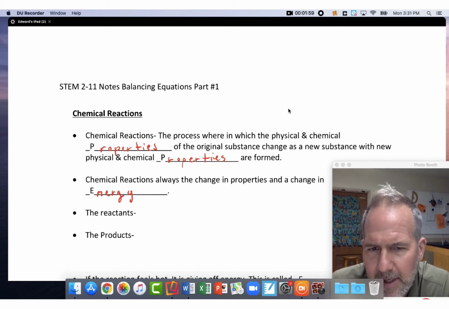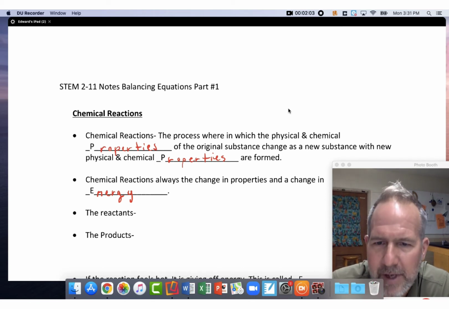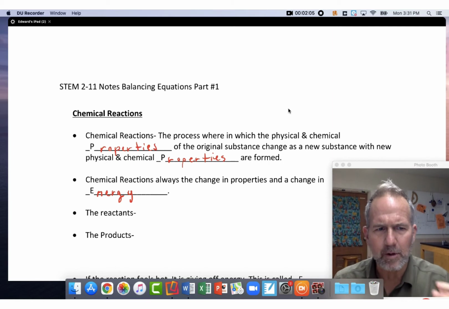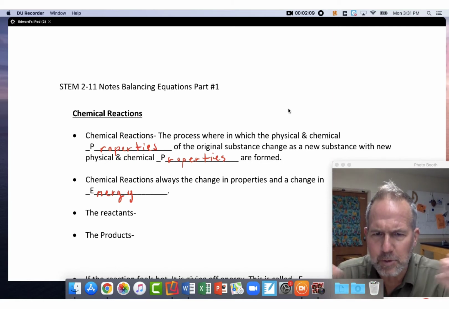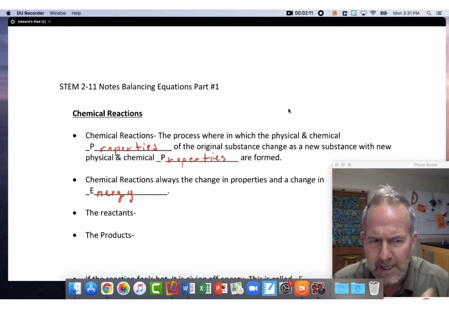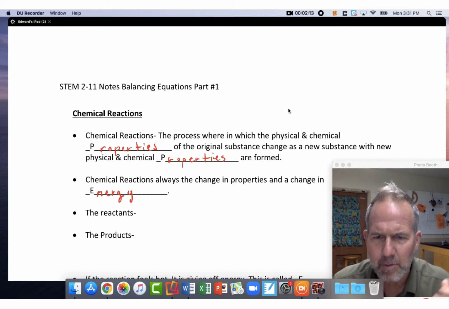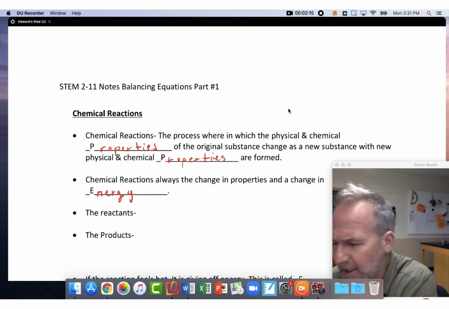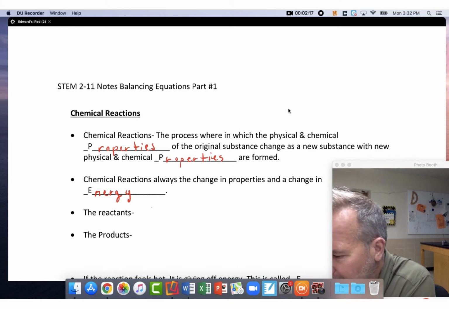Now there's two things that are involved in this process. The first is called the reactants, and they're the things that are going to react. So they're the things that you put together. They're the things that you throw in the beaker together to start with. So that's what we're going to start with. These are the things that are put together.